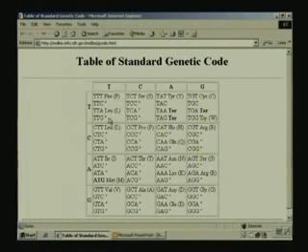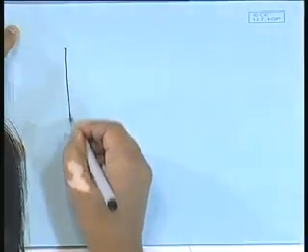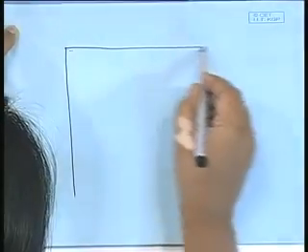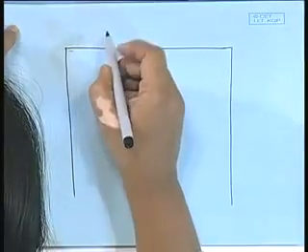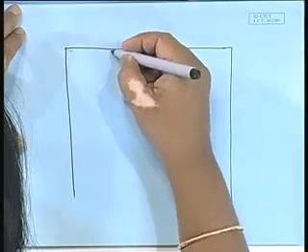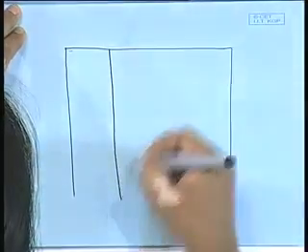This is what is called the genetic code. Now, in the genetic code, I will just show you what it means. We have something like this. This is the first base.